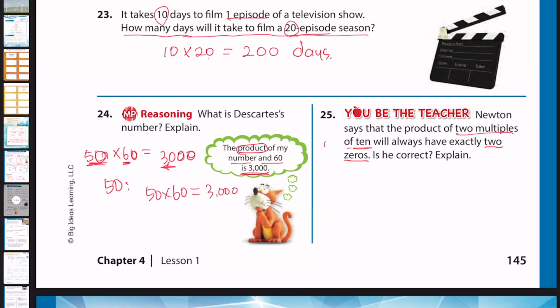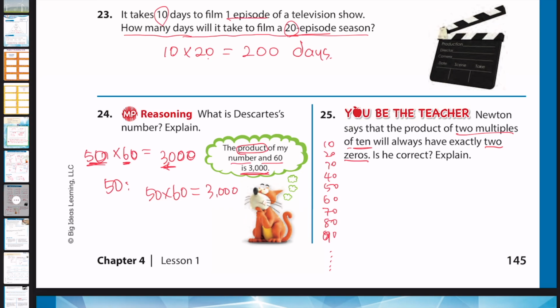Multiples of 10s are what? 10, 20, 30, 40, 50, 60, 70, 80, 90. Okay. But then they said the product of two multiples of 10 will always have exactly two zeros. No, at least they will have two zeros, because 10 times 20 is what? 200. So at least 2 zeros.